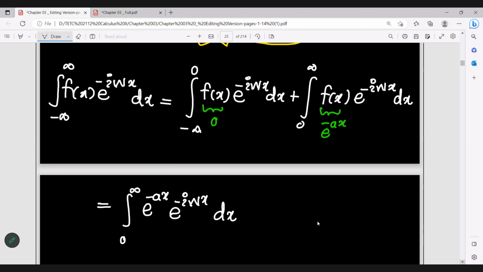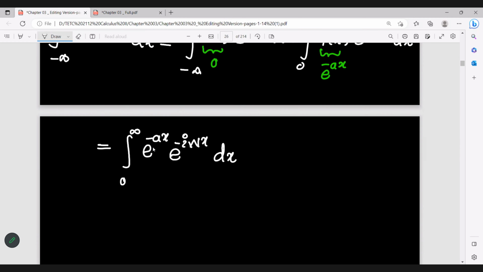And then since both functions are exponential terms, we can rewrite this by adding the exponent terms. So it is equal to the integral of e to the power minus (a plus iw) x dx.